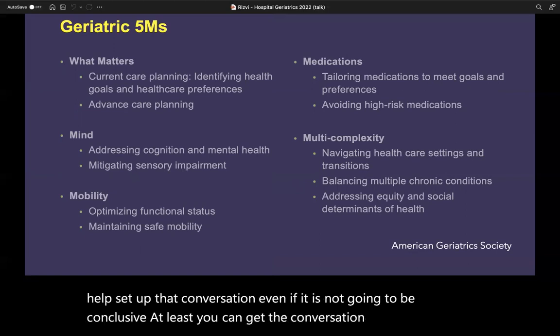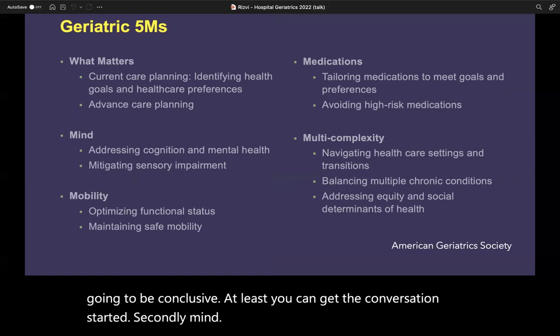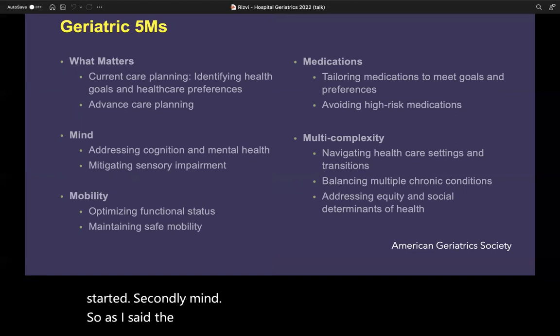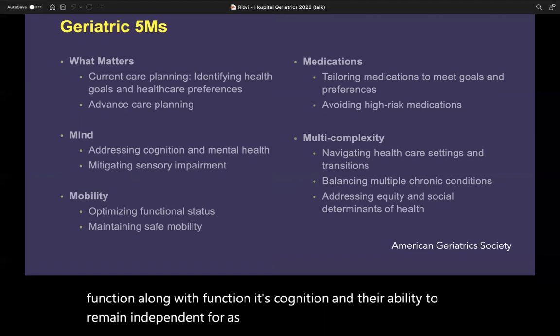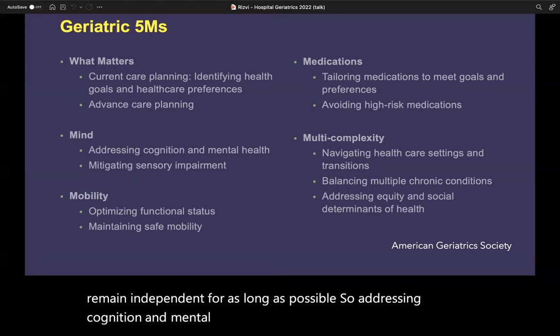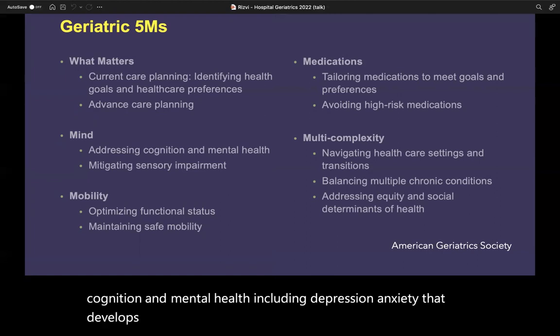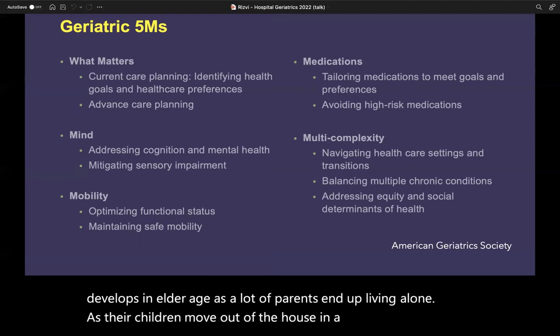Secondly, mind. So as I said, the most important thing in the geriatric patient is function. Along with function, it's cognition and their ability to remain independent for as long as possible. So addressing cognition and mental health, including depression, anxiety that develops in elder age as a lot of parents end up living alone as their children move out of the house to a different city or a different country.